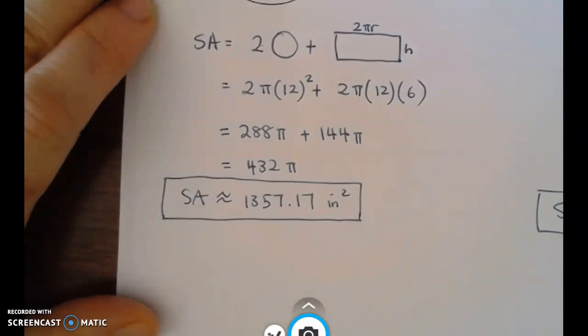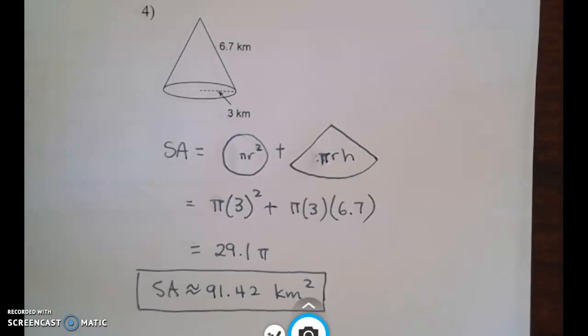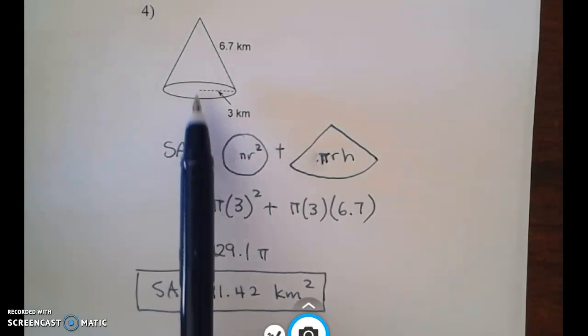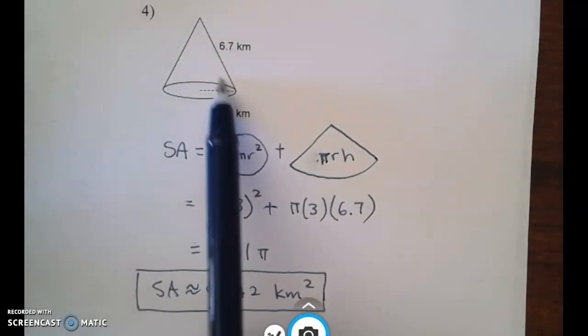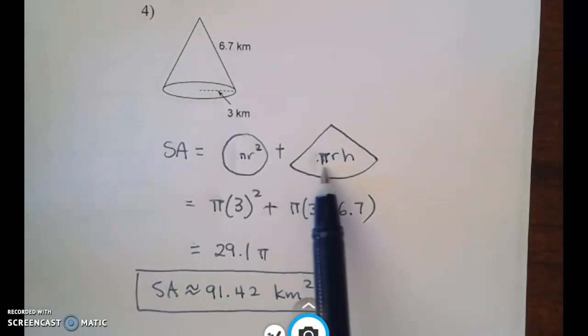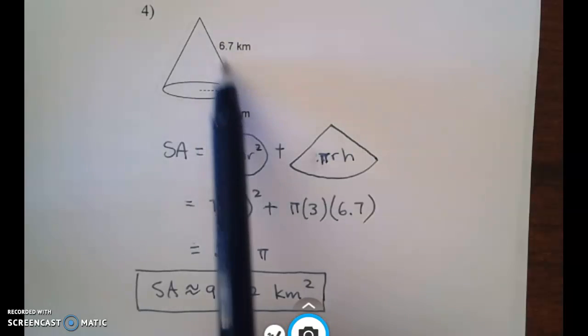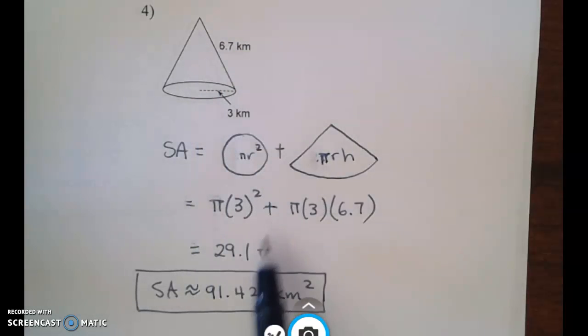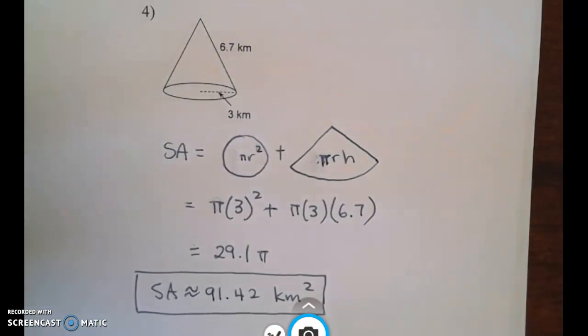And then the last question, number 4, here we go, the surface area of this cone is going to be the base circle plus this sector of a circle, and the sector of the circle area is going to be given by pi r h, where h is the slant height. So plug in the values and you should have gotten 91.42 kilometers squared as your final answer. And this is the end of the first lesson recording.